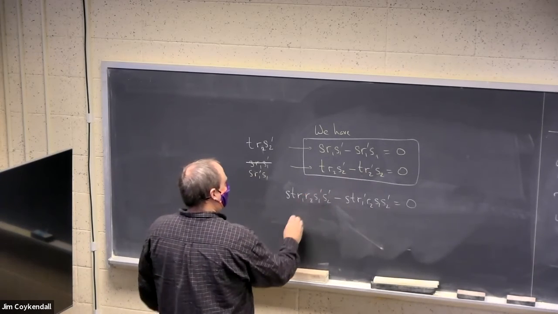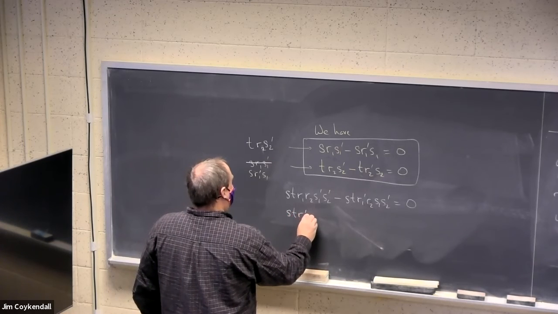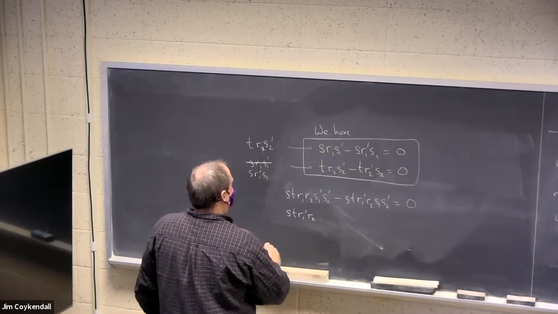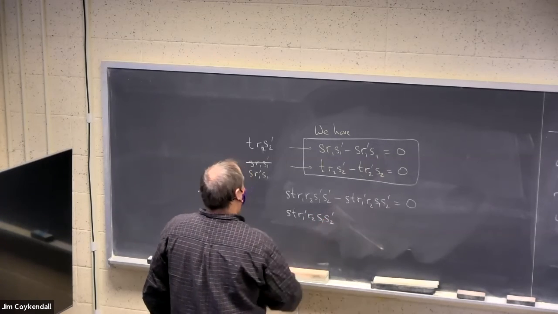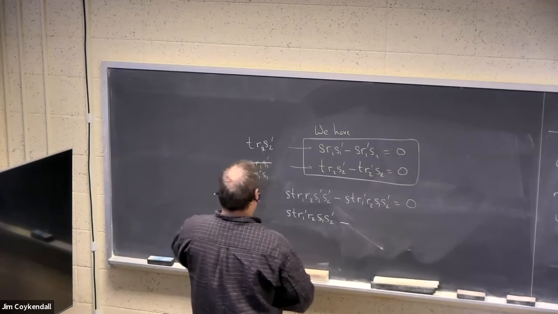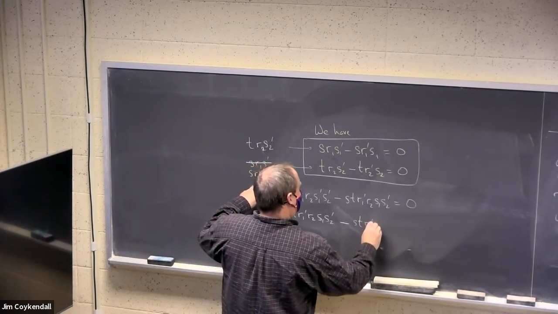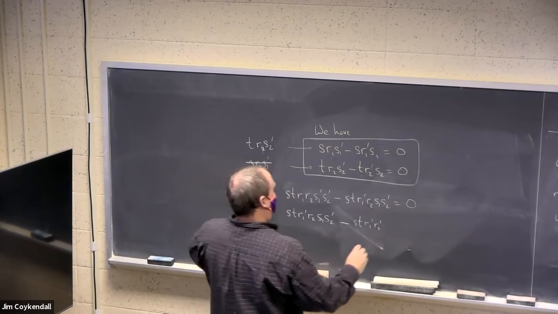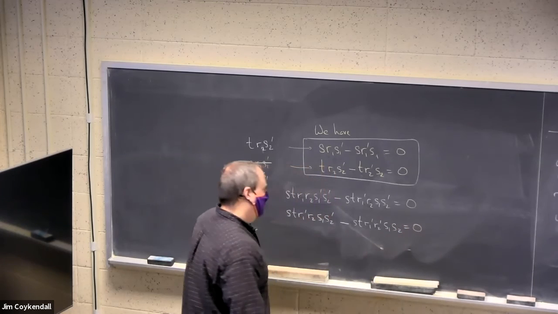So this one gives me ST R1 prime, R2, S1, S2 prime, minus ST R1 prime, R2 prime, S1, S2. And that better work.